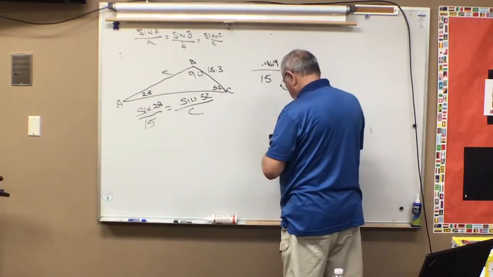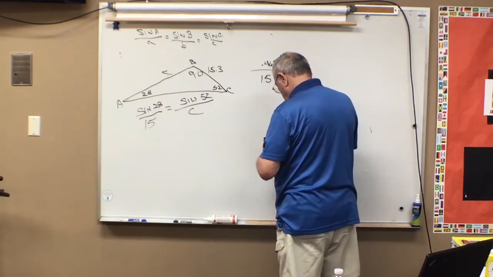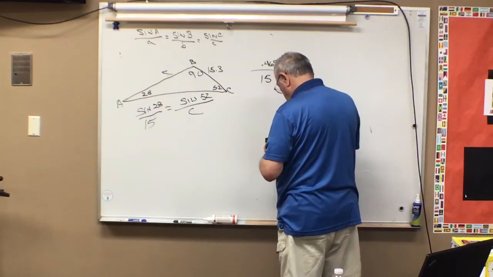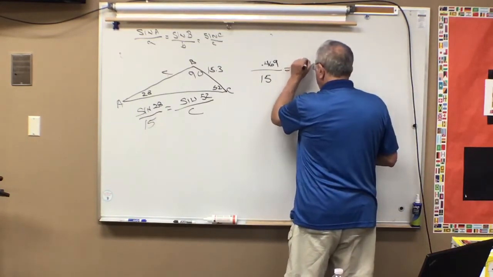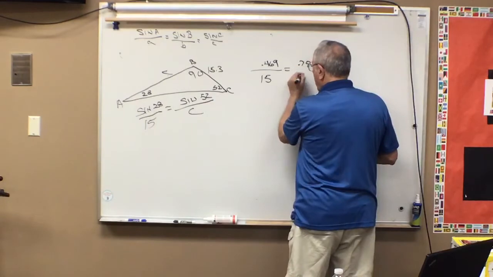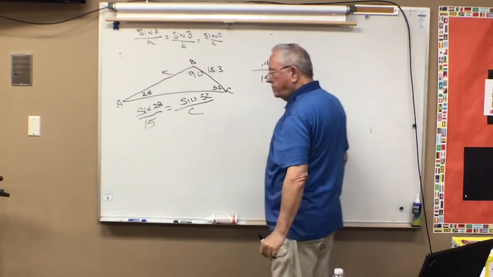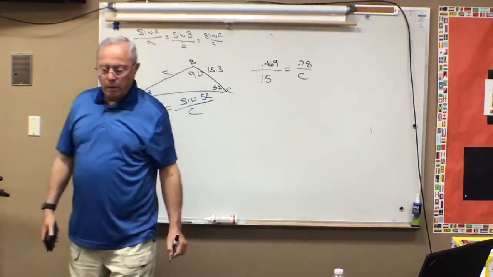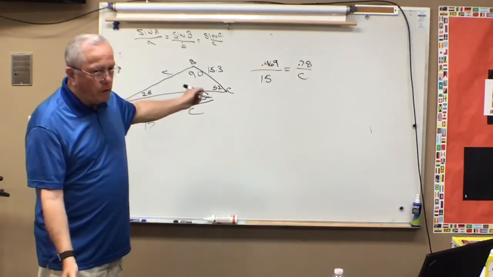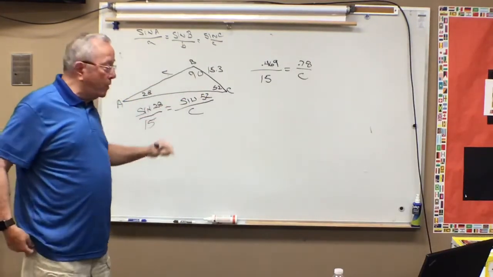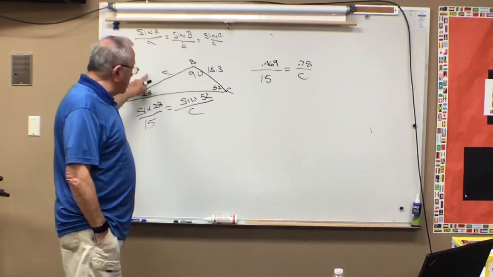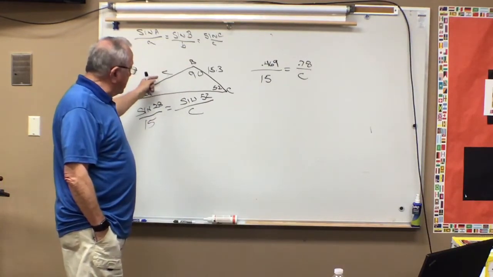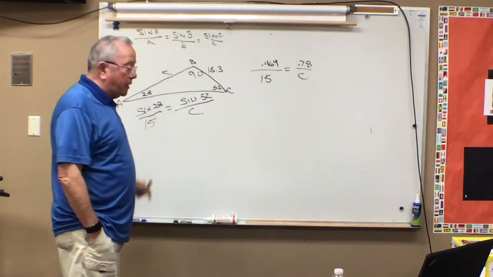Sine of 52 is 0.78 over C. Not hard. And I didn't have to go through all that other stuff because they're only asking me to find one, aren't they? So now I can work this out, can't I? Because they want to know what C is. So again, once I find C, if they wanted to find the other one, I could work it out.